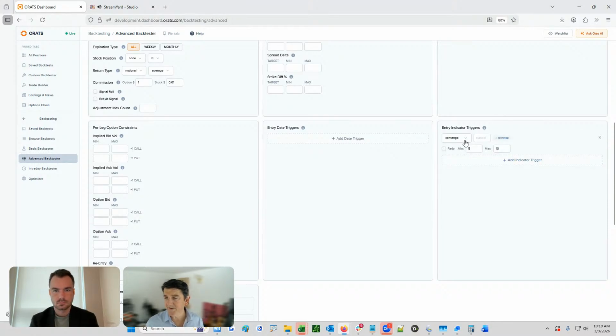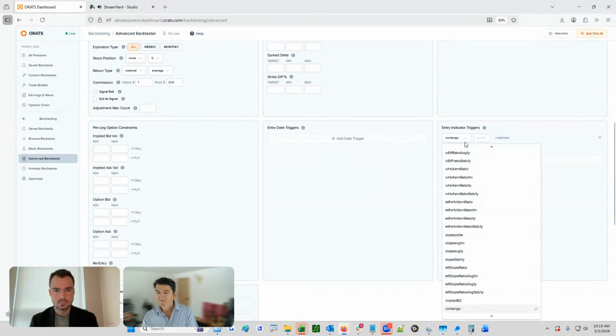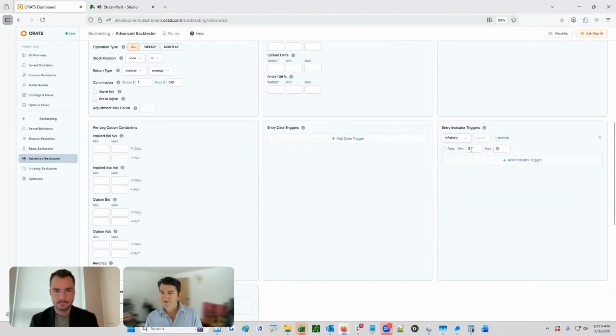So we want to enter every time the implied volatility percentile is, let's say, low. So we'll do a minimum of 5 because you don't want 0 or something, and then maybe a maximum of 40. So typically somewhat low.